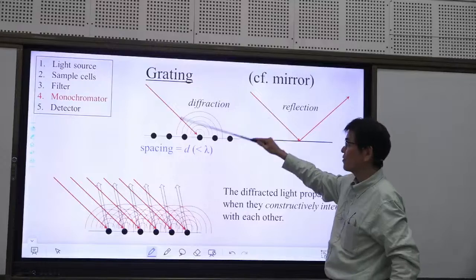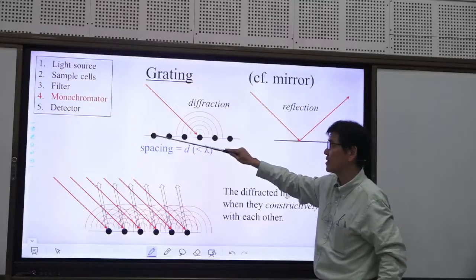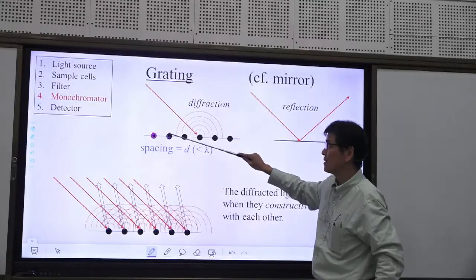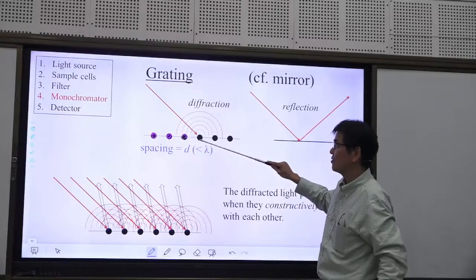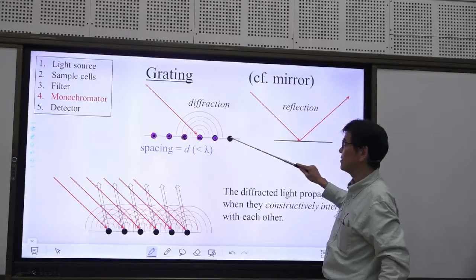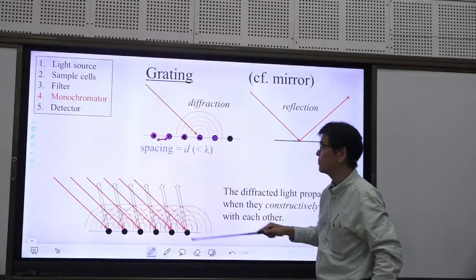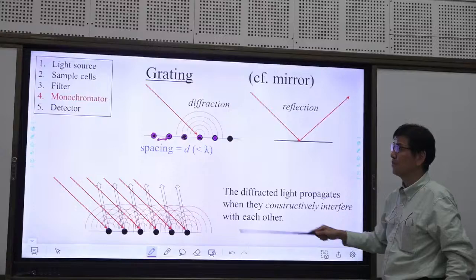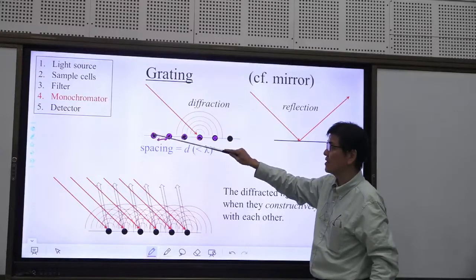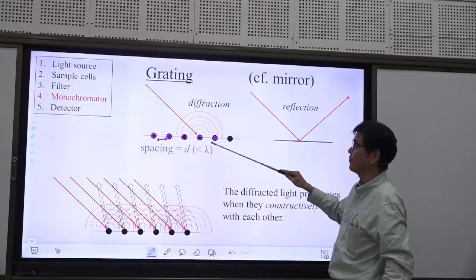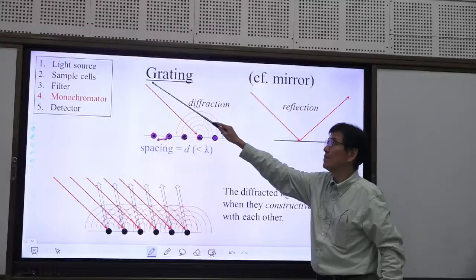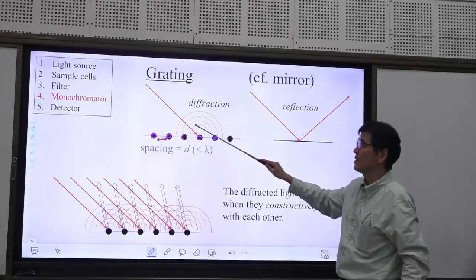Okay, on the surface of the grating there is a small pattern of which the spacing d is smaller than the wavelength. In the presence of such a tiny pattern, incident light is diffracted.